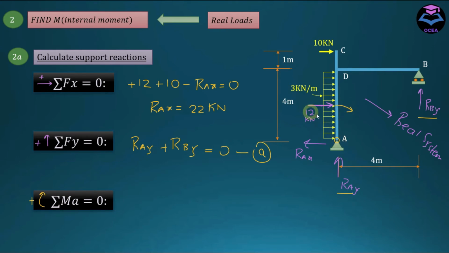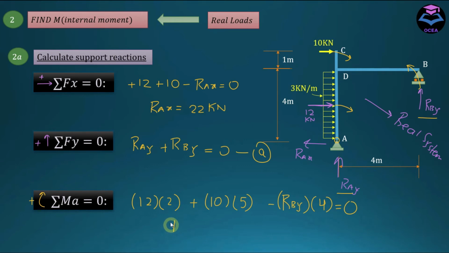We have this 12 kilonewton force, 10 kilonewton, and this RBY. 12 has a perpendicular arm of 2 meter, and this is going to be positive since it's acting in clockwise direction, and this 10 kilonewton force is also acting in clockwise direction and has a perpendicular arm of 5 meter, and RBY has a distance of 4 meter and it's acting in counterclockwise direction, so this is going to be negative RBY into 4 equals 0.